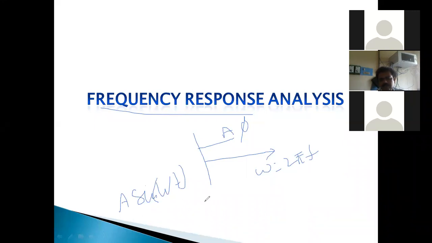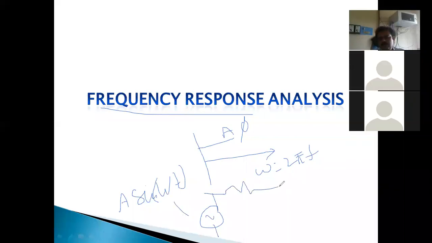And if we take the response for a system, if the input is sinusoidal input, the response at any point, may be a current value or voltage value in the circuit, that is also a sinusoid, and the frequency is not going to change. The output frequency is also same as input frequency.